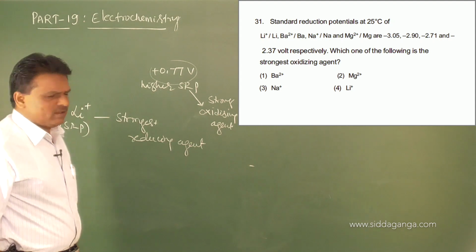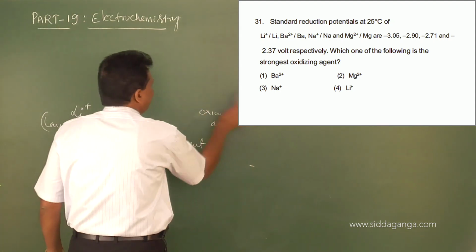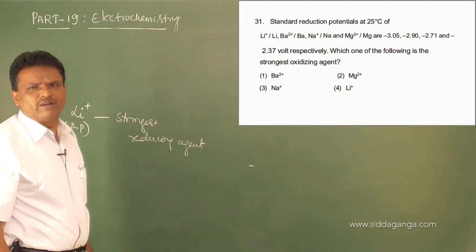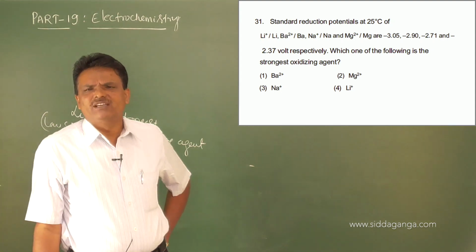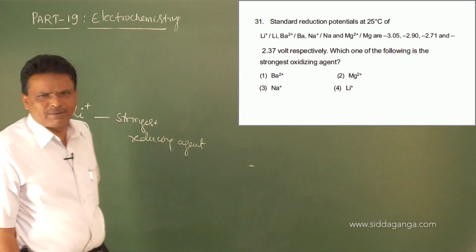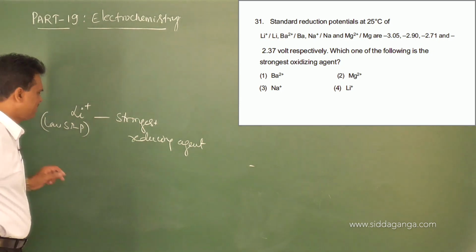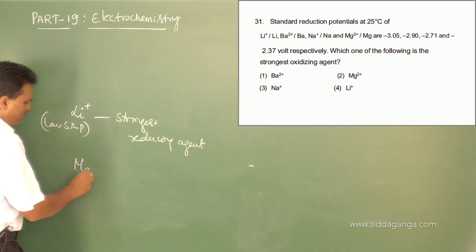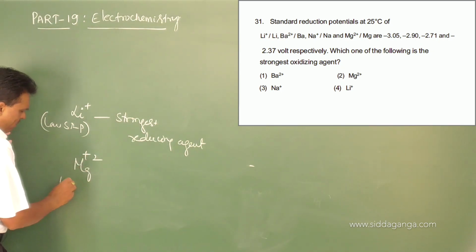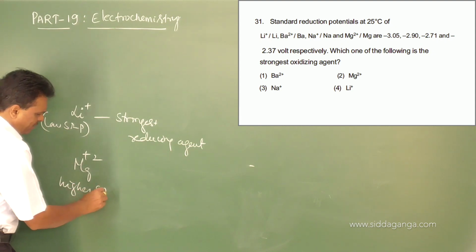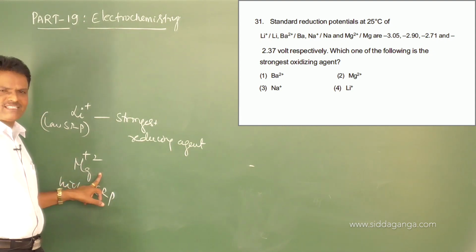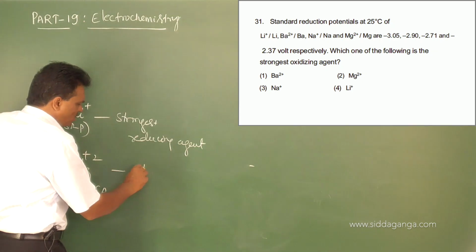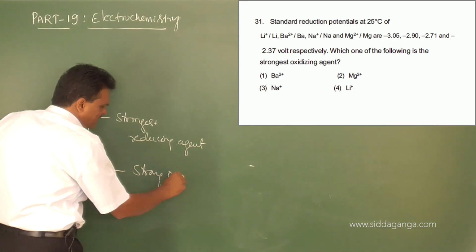And in the given set, magnesium has minus 2.37 volts. It has the highest value of SRP among the given set of elements. So Mg plus 2 has higher SRP value. Element with higher SRP value is a strong oxidizing agent.